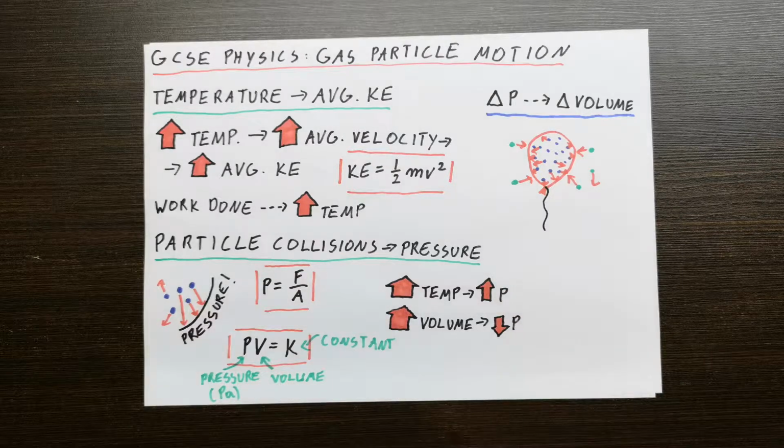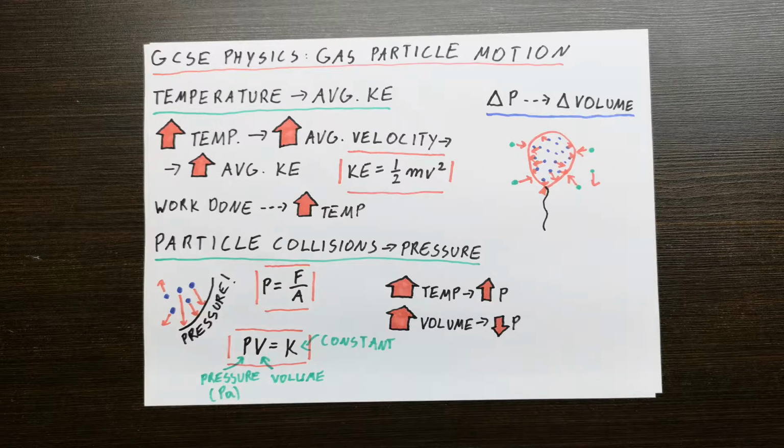Now, if we increase the volume, we decrease pressure. This may be confusing the first time you hear me say it. If you increase the volume, you decrease the pressure. And by increasing the volume, I'm talking about increasing the size of the container, so the container is able to hold a larger volume.